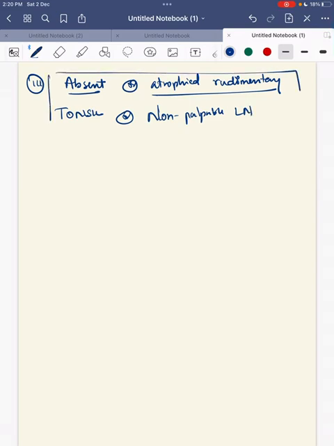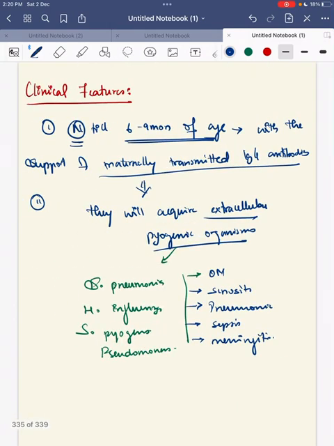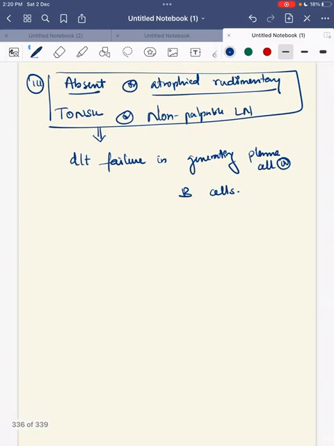This is the clinching point for the diagnosis of a child with X-linked agammaglobulinemia. This occurs because there is a failure in generating plasma cells and B cells. So these are the clinical features.